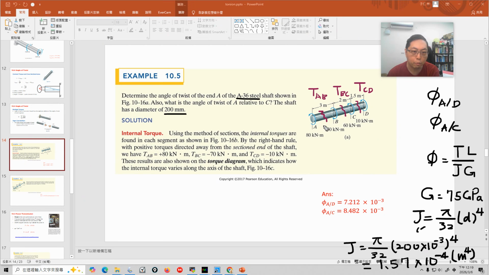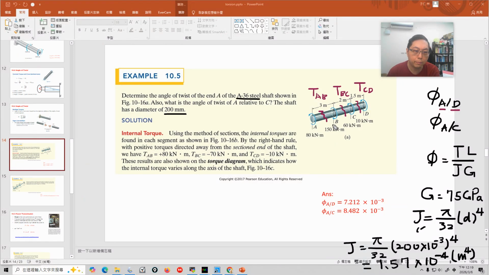If we want to know the angle of twist of A with respect to D, we just add all the deformations together: phi AB plus phi BC plus phi CD equals phi AD. The torque in each section only causes local deformation of that section.